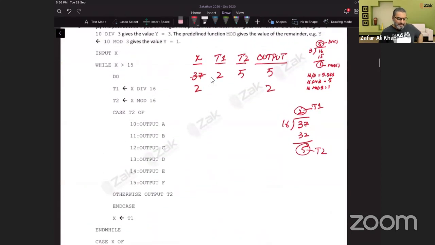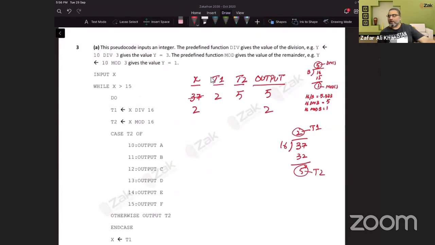Part A basically divides the value until the value is greater than 15. Once it ends, it outputs T1, which is the quotient, and output T2. Sorry.